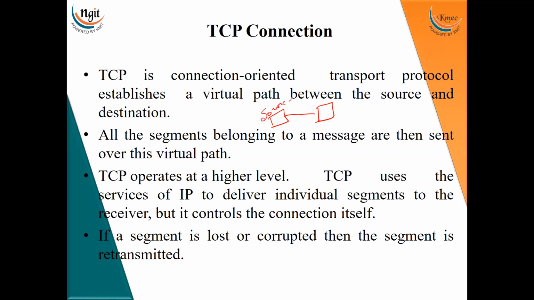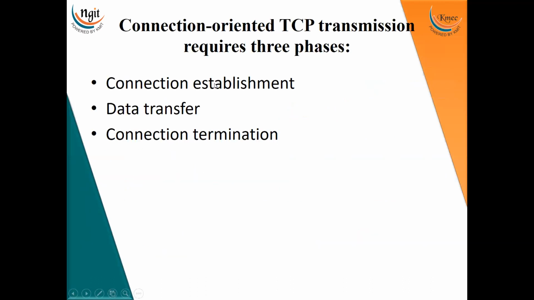Once all the data has been transmitted, the path is going to be terminated. Because TCP operates at a higher level, TCP uses the services of IP to deliver the individual packets. Here, for this transmission, we have 3 main phases.